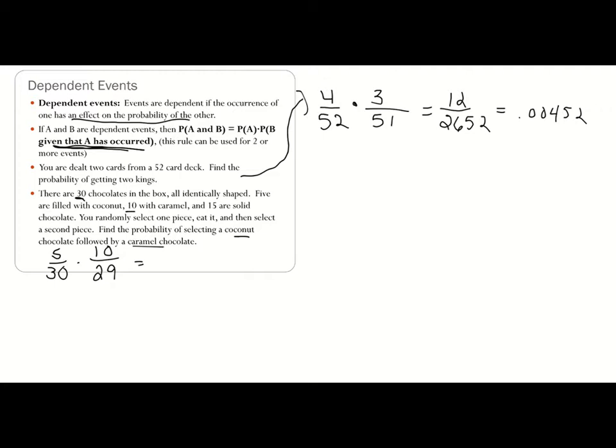When we multiply this together, I'm going to simplify my 10 and my 30 by dividing them both by 10, so that becomes a 1 and that becomes a 3. Then 5 times 1 gives me 5, and 3 times 29 gives me 87. So my probability is 5/87.